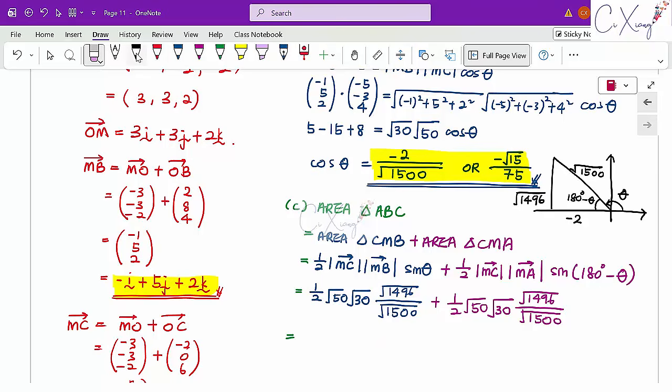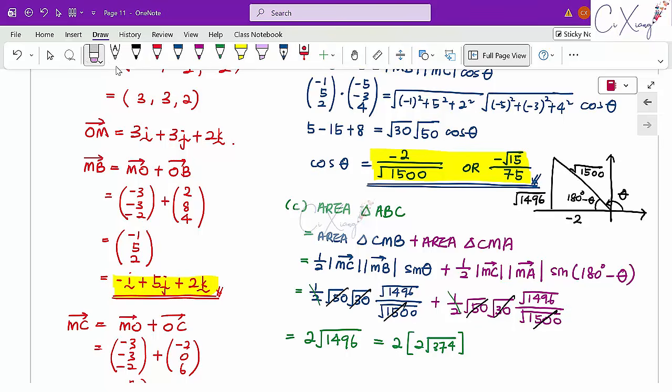I can directly simplify it because half and half add together become 1. Then square root 50 and square root 30 can be simplified with square root 1500. So you have square root 1496 and square root 1496, which is 2 times square root 1496. Then you can use a calculator to help you simplify a bit. The square root 1496 becomes 2 square root 374.